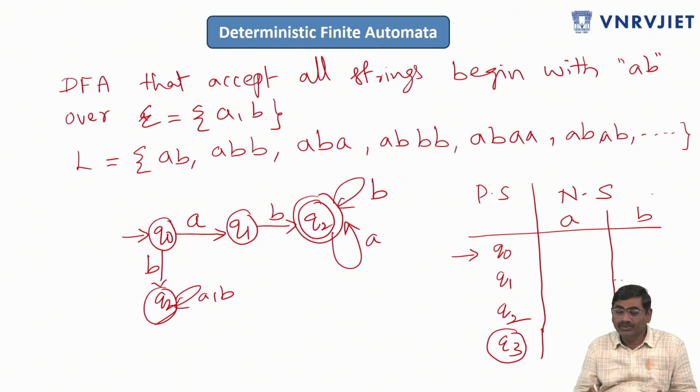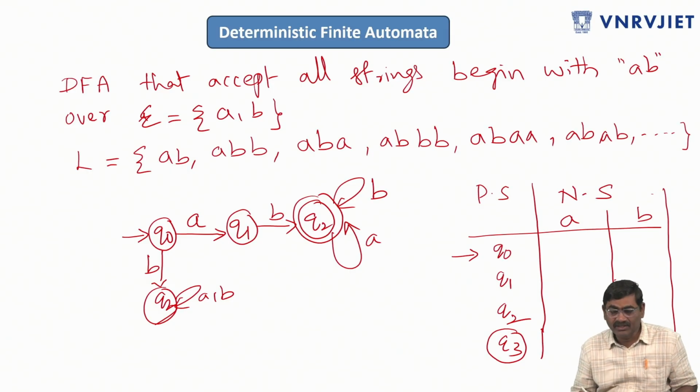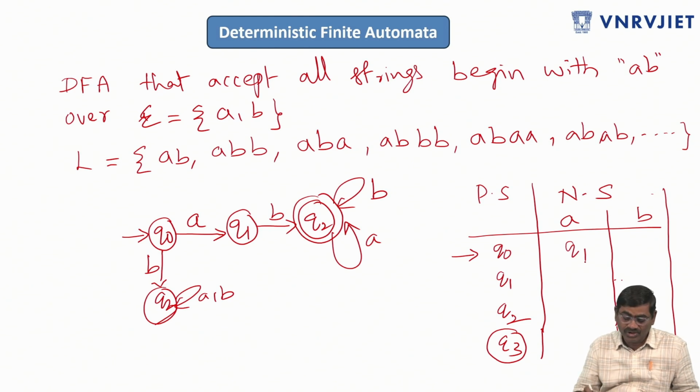After that, we need to write the transitions. For the state Q0 with the input A, the transition produces the next state, that is Q1. Therefore, Q0 on A goes to Q1.